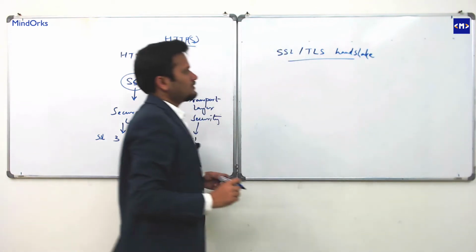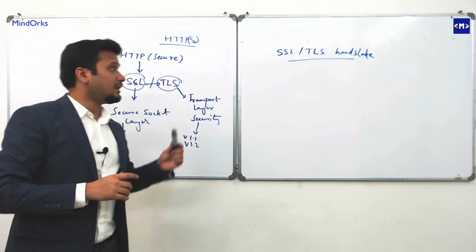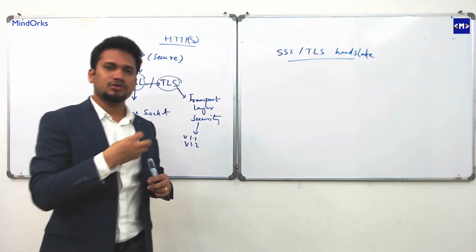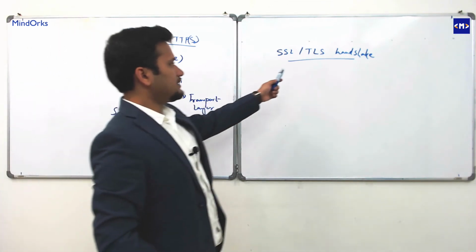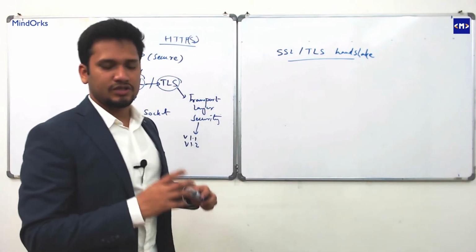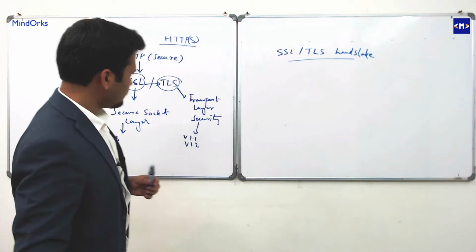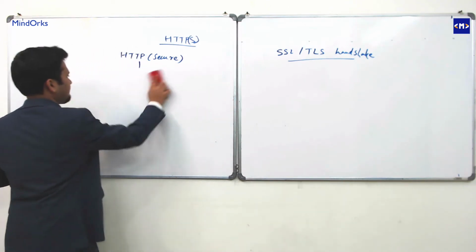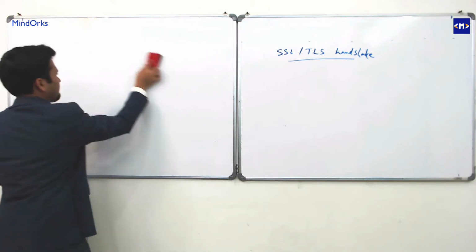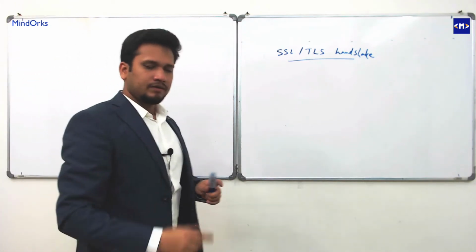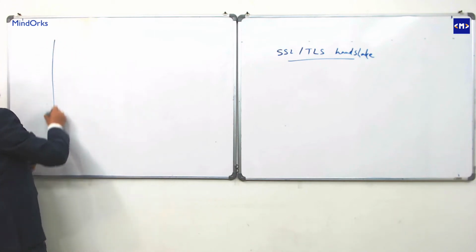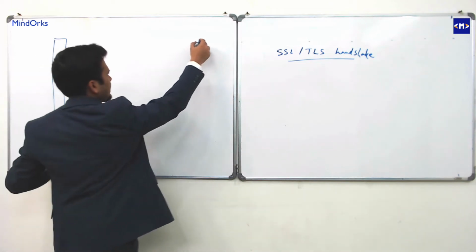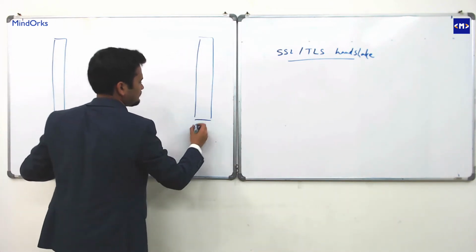We saw how HTTP communicates by handshaking in three ways, but that was susceptible to interception. Let's see how this helps to secure that handshake. In this process, this is your client, your app, and this is your server.